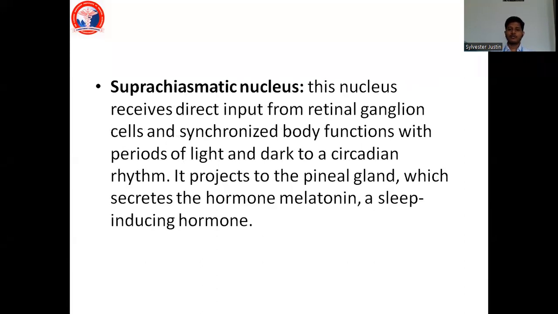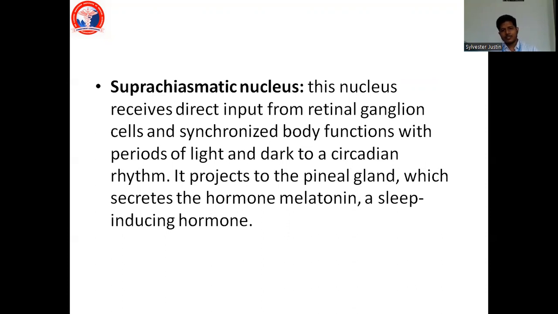Then there's the suprachiasmatic nucleus. It receives direct input from the retinal ganglion cells and synchronizes body functions with periods of light and dark. It projects to the pineal gland, which secretes the hormone melatonin, a sleep-inducing hormone. So that's understandable.